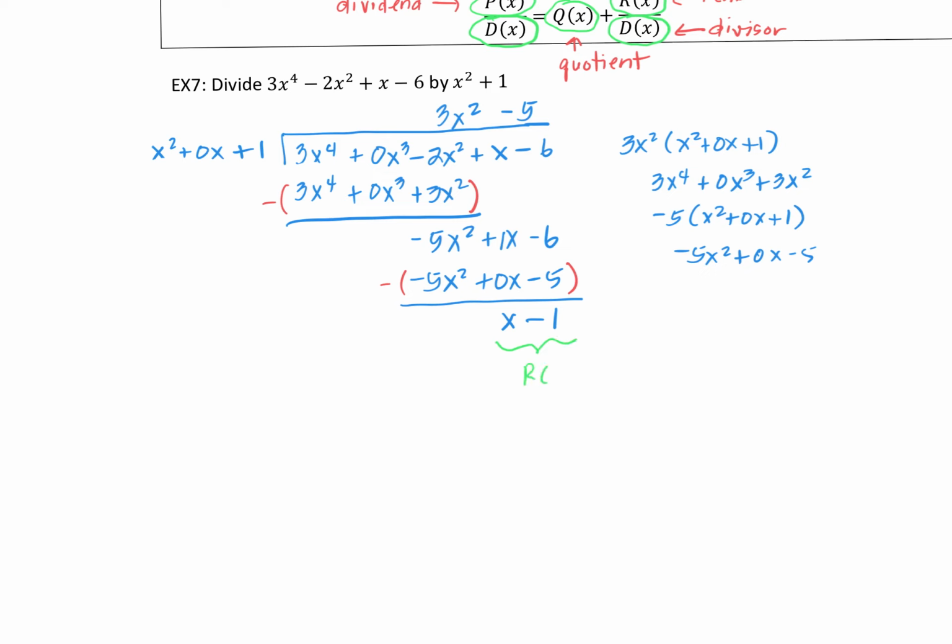We're done with our division because notice that x minus 1 is a polynomial of smaller degree than our d of x. So once you get down to a polynomial that has a less degree than your d of x, your divisor, then you're done.